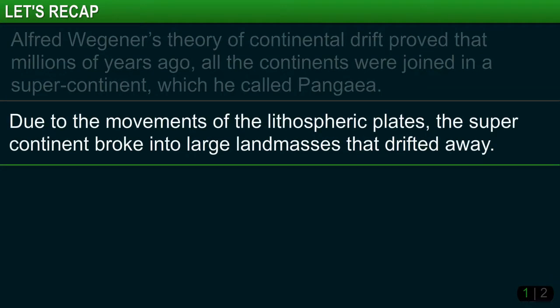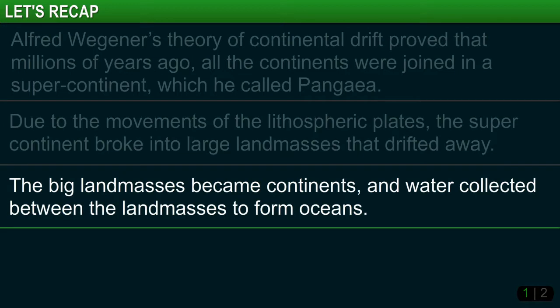Due to the movements of lithospheric plates, the supercontinent broke into large land masses that drifted away. The big land masses became continents, and water collected between the land masses to form oceans.